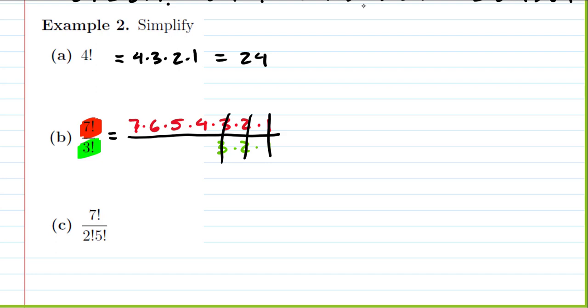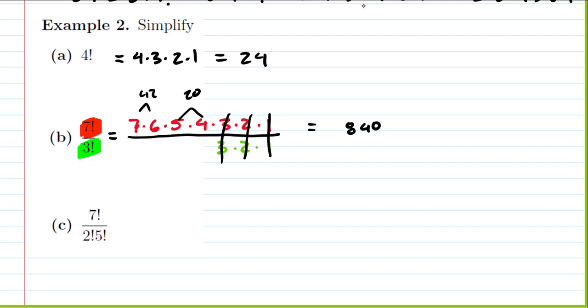So 7 times 6 is 42, and 5 times 4 is 20. That gives us 840. So 7 factorial divided by 3 factorial is 840.